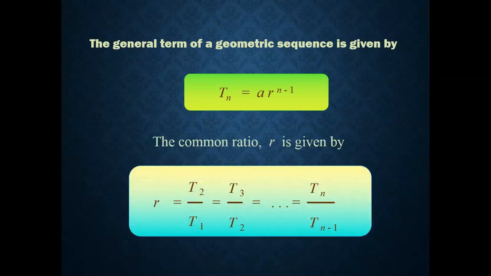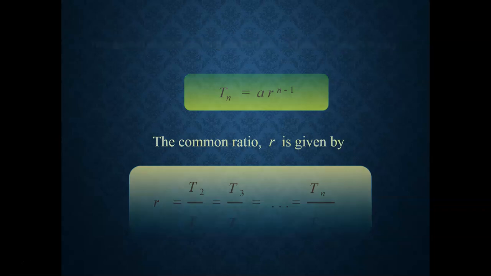The common ratio r can be found by dividing the second term over the first term, or the third term over the second term, also known as Tn over Tn minus 1. So r equals Tn over Tn minus 1. As long as you are given two sequential terms, you can definitely find the common ratio.